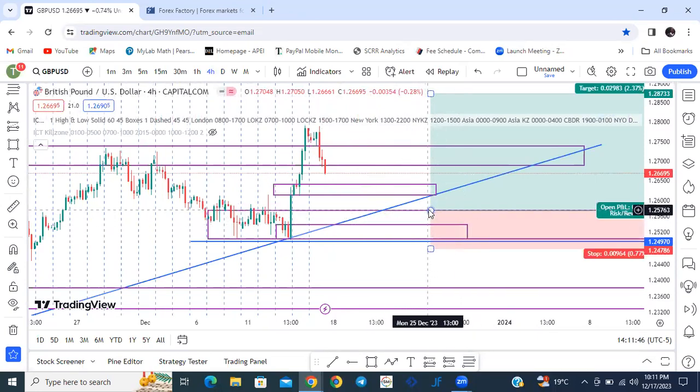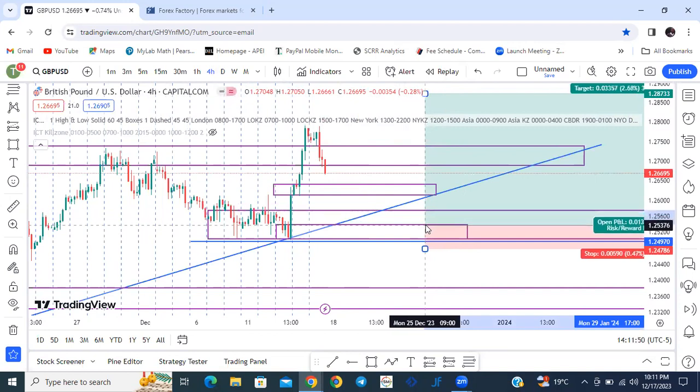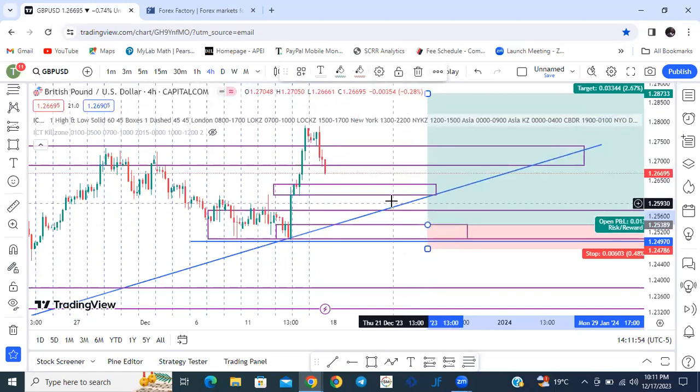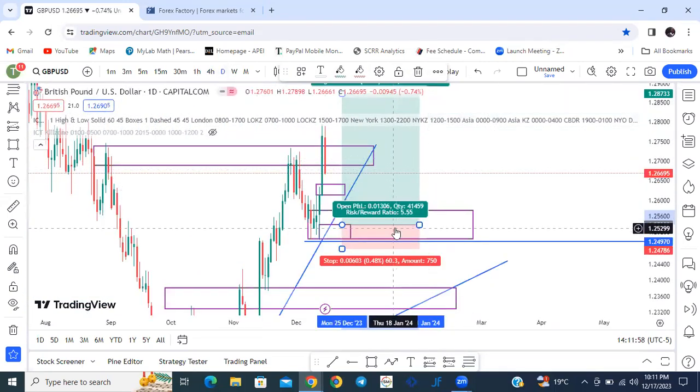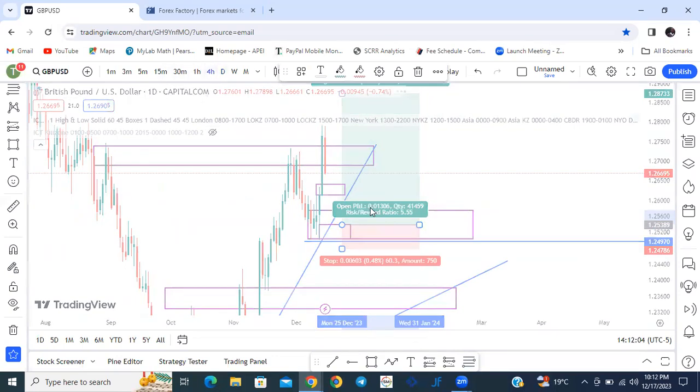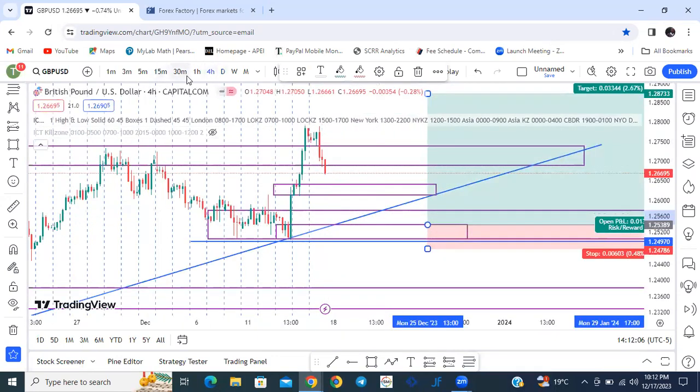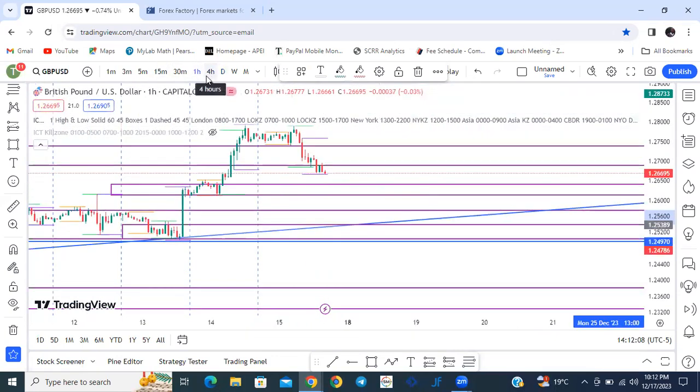So again, we can narrow down our entry. Instead of taking it from this level, we can wait to take our entries around that area. And if you go to the daily time frame, it increases our risk to reward ratio. That's how you narrow down your entries.